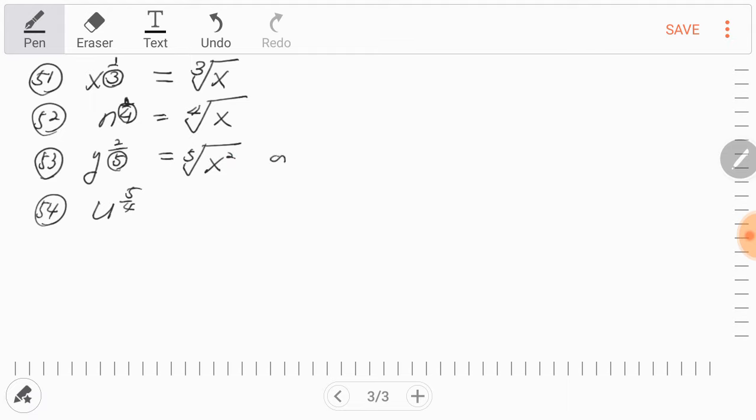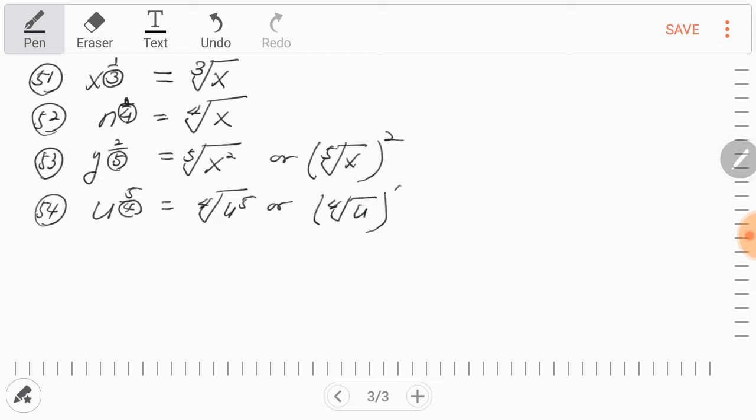Or you can write it as the fifth root of x outside and raised to the second power. And the last one, the index is 4, so there will be the fourth root of u to the fifth power. Or you can write the fourth root of u, then raise everything to the fifth power.